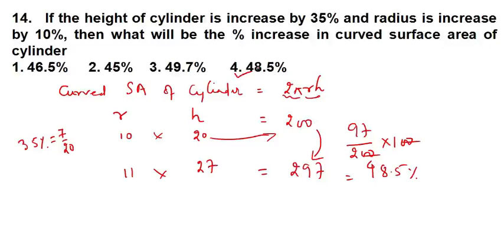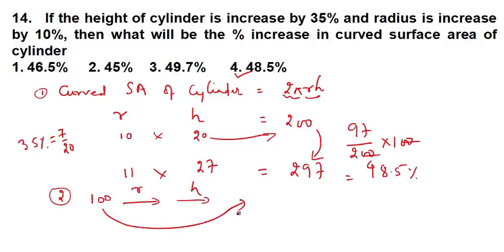Now if we go ahead with the second method, then tell me what is the answer. Now I assume that curved surface area before was 100. I have to increase radius, then height, then I have to see what is the net change.